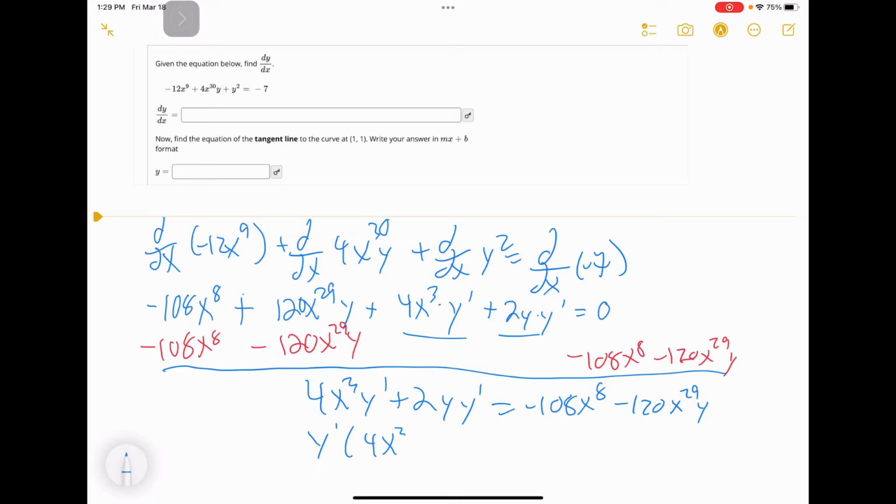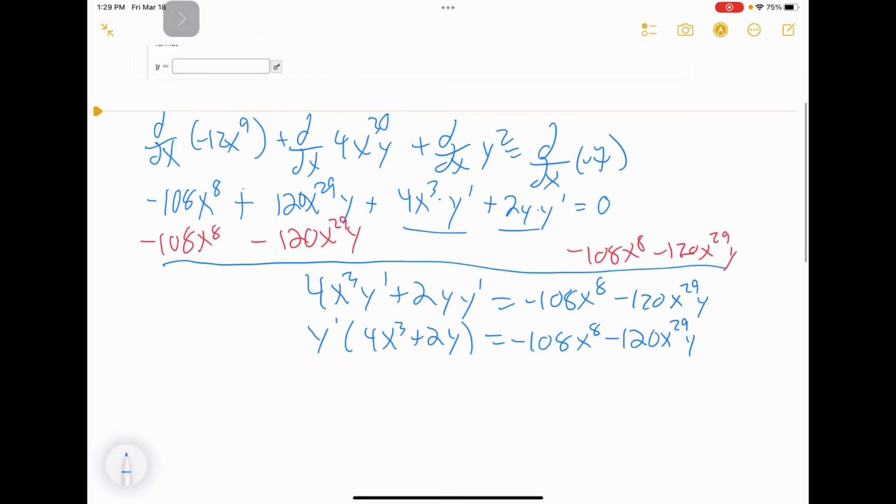We get 4x to the 30th times y plus 2y, and then we can divide both sides by 4x to the 30th times y plus 2y.